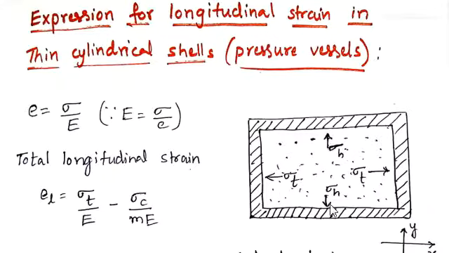So this stress which is acting along the diameter direction is reducing the length of the shell, or it is producing negative strain in the shell. So we have to remove this from this to get the total longitudinal strain.